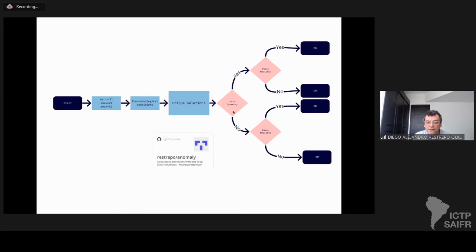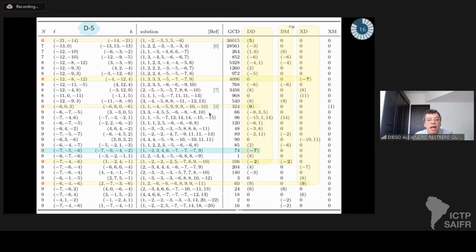And similarly, for the case of the active symmetry, we also have the two possibilities, a Dirac mediator or a Majorana mediator. So with this filter, we end up with around 80 solutions by imposing the restriction that only two massless states are allowed beyond the ones used for the solution.